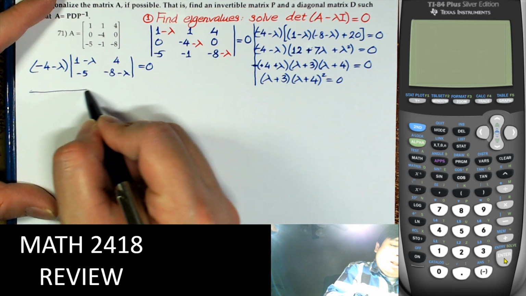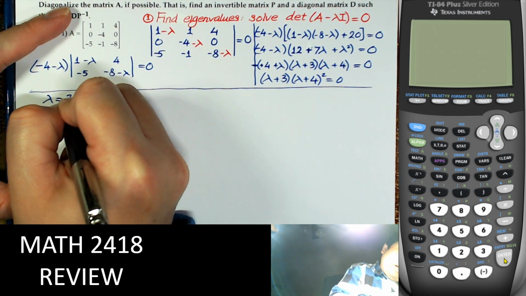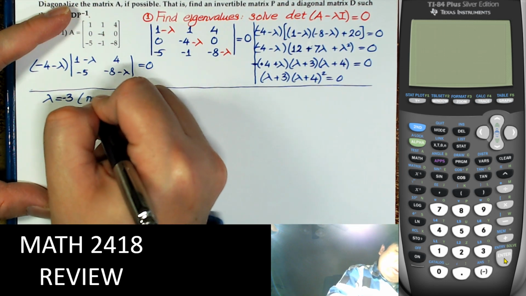So when we do this, what we have is lambda equal to negative 3, multiplicity of 1.